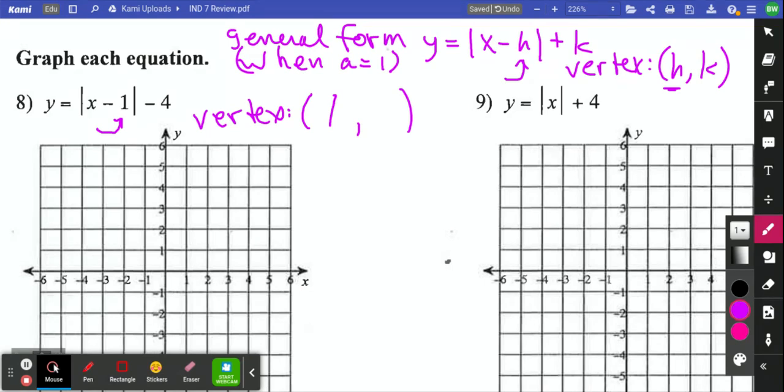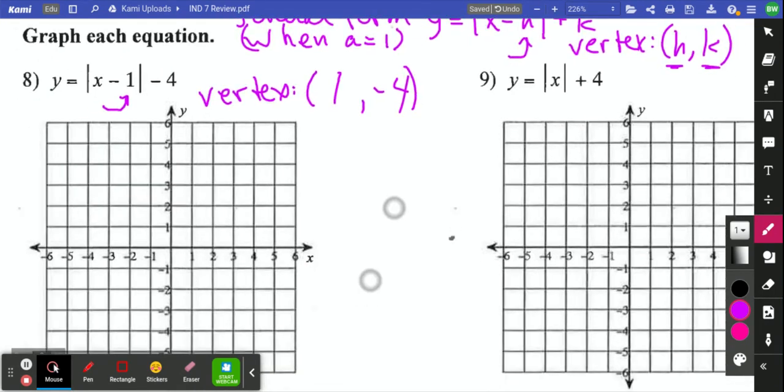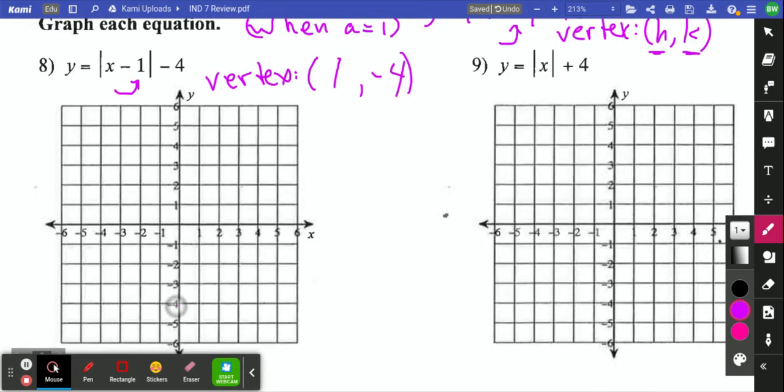So this one's 1, and the k is a little easier. That's what's on the outside. It's -4. That's it. Okay, so now we plot that. 1, -4. Oh, wrong point. Sorry. 1, -4 is right here.